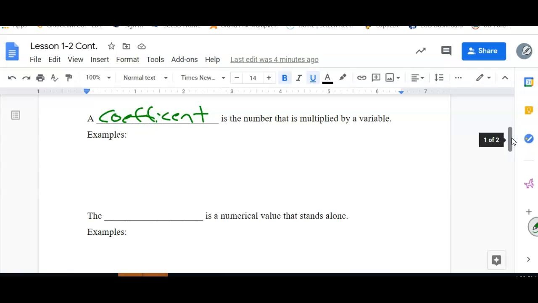An example of the coefficient. Does anyone have one? Patrick. 12x and 12 is the coefficient. Okay, just the 12. You need a variable to go with it. Or did you get the example from the one above?